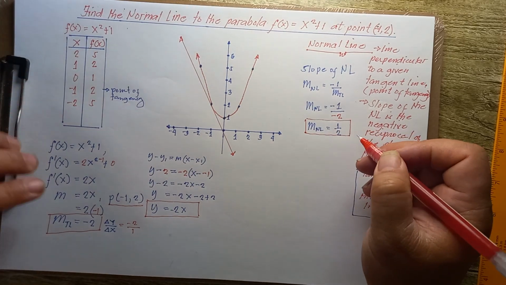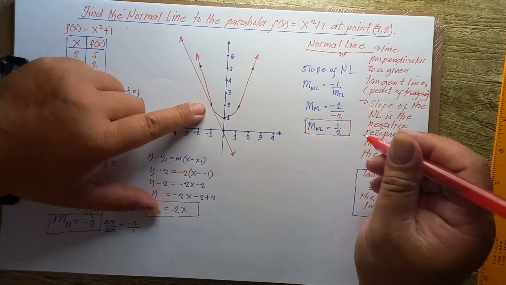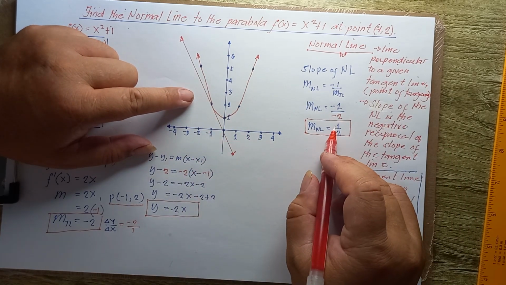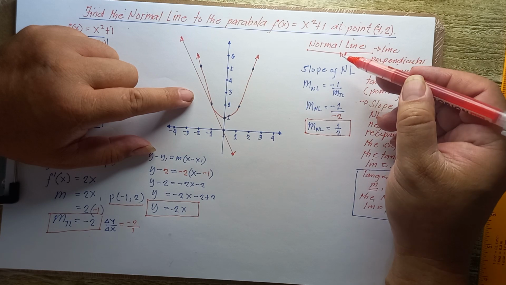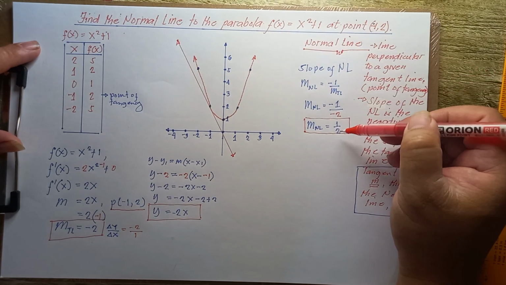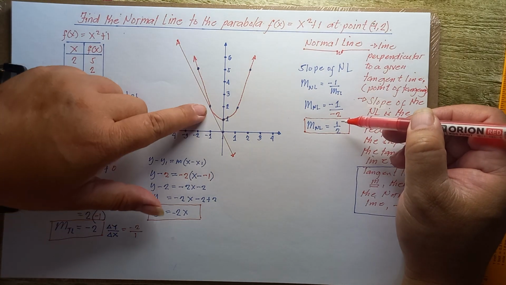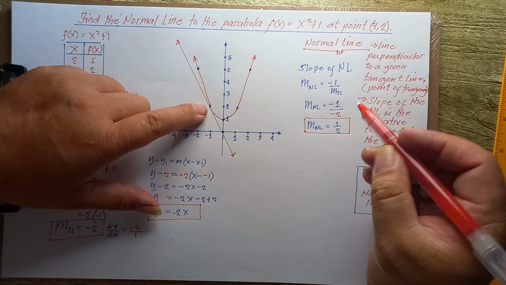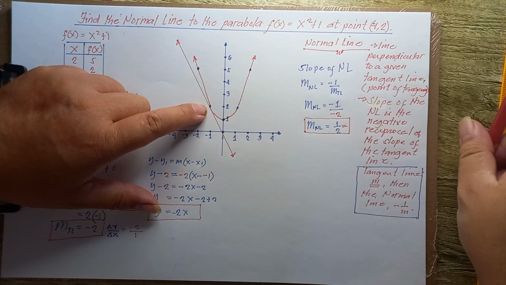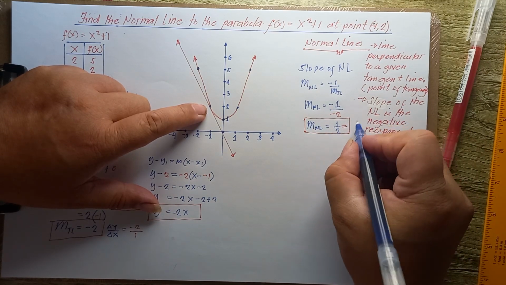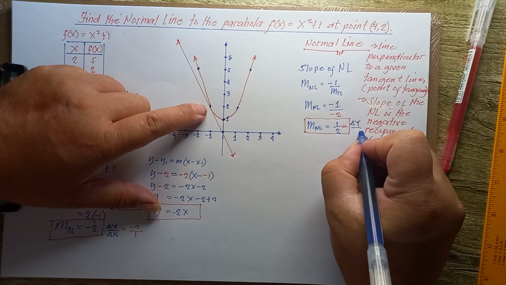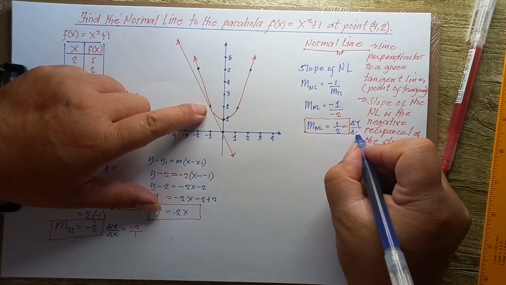So this is already the slope of the normal line. Now, because we have the slope of the normal line and point of tangency, we can now solve, or we can now draw the normal line. Okay, we can locate by having this one, so that of course our reference is the point of tangency. So again, notice that this 1 in here is actually the value of change of y, and 2 in here is the value of change of x.